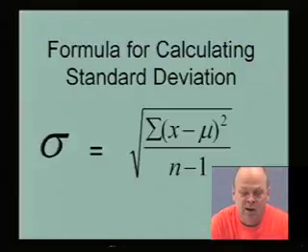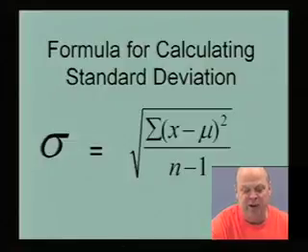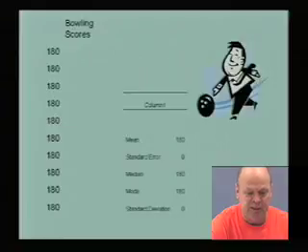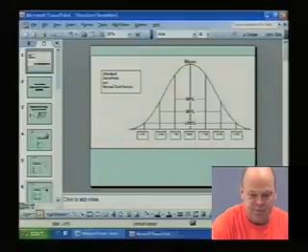You can see that right there. And then the formula is the square root of x minus mu, mu being the mean. And then we take the sum of all that, square it, divide by n minus 1, and take the square root of all that. So I think if I can go back to my Excel program and do an example here, we'll get a little better idea how this works.